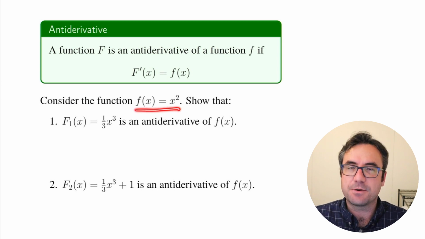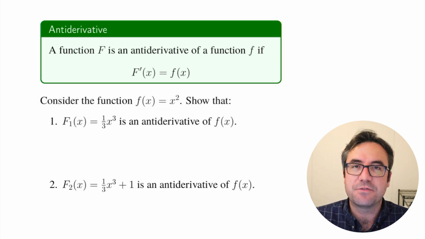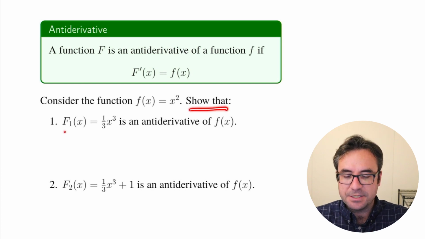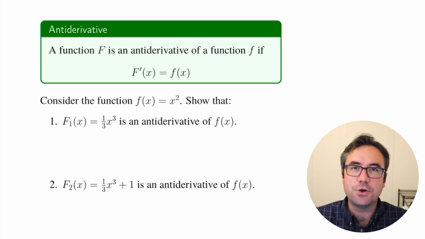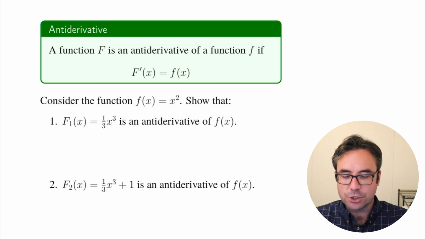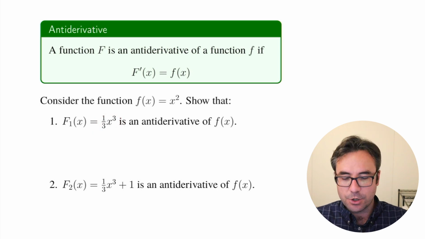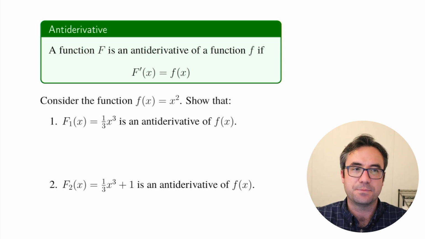Our example here, little f of x, is going to be x squared. And we're going to show that there are actually a few antiderivatives of the function x squared. So we're going to show that 1/3 x cubed is an antiderivative, and we're going to show that 1/3 x cubed plus 1 is an antiderivative.